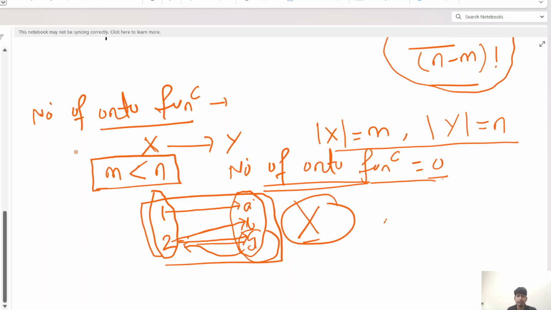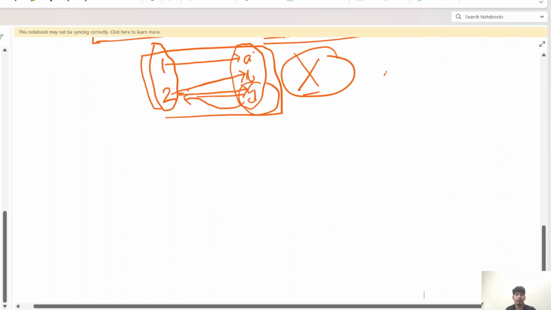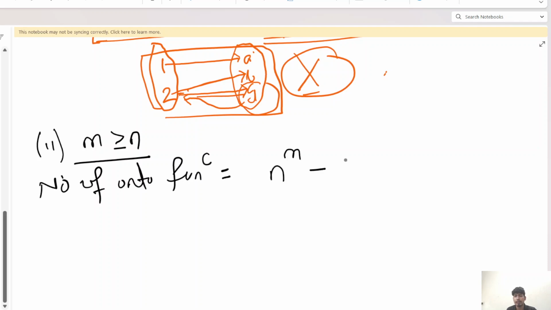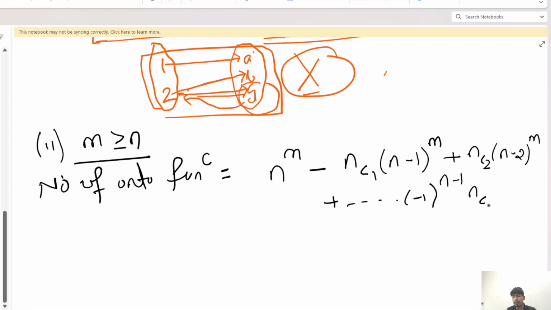And what is the next case? The next case is m greater than or equal to n. Then the number of surjective (onto) functions is n to the power m minus nC1 (n minus 1) to the power m plus nC2 (n minus 2) to the power m, and so on, up to (-1) to the power (n minus 1) nC(n minus 1).